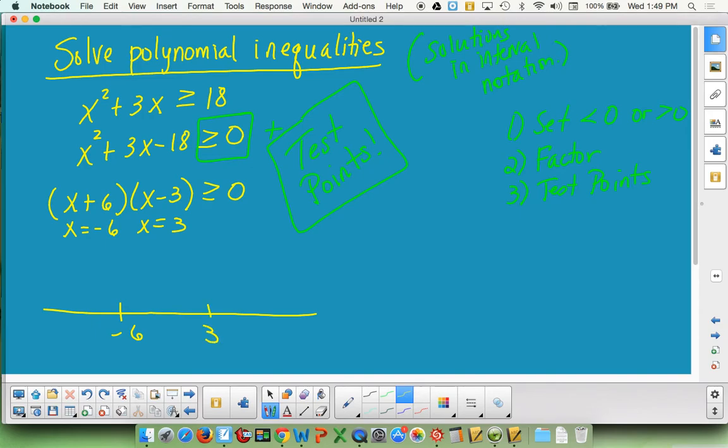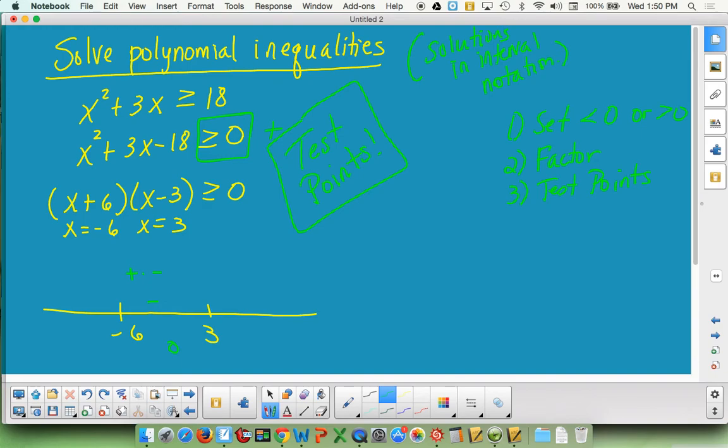Okay. Here's where you can't say those are just the solutions, though. Here's where you have to look and go, okay, I need to find where it's going to be positive or negative. And yes, you guessed it, it's probably going to be the numbers on the ends or the numbers in the middle. So we need to test a point. And yes, 0 is the easiest to test, so 0 would fall in the middle interval. 0 plus 6 would be positive, 0 minus 3 would be negative, so that gets me a negative.